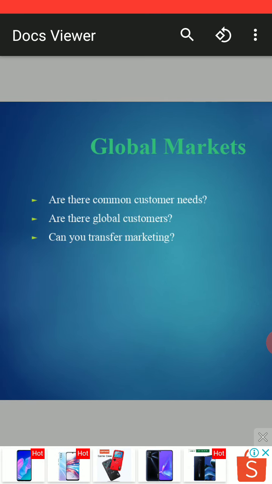The second question is, are there global customers? Global customers here means organizations need to search the world market for the best supplier. Usually in this situation, PC manufacturers, for example, are global consumers. PC manufacturers are an example of global consumers for PC components.